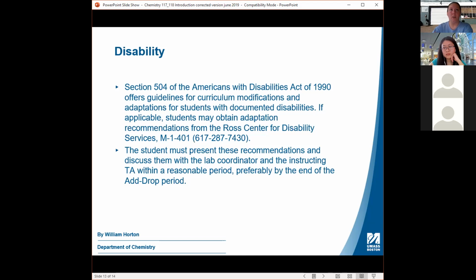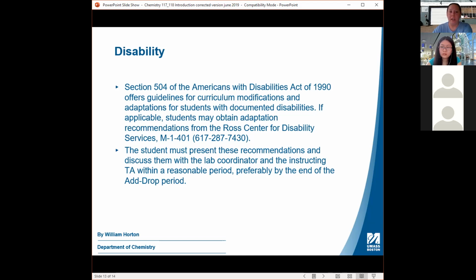For instance, if you are a wheelchair user, in the labs we have lab hoods that are lower to the ground so that people in wheelchairs are able to work in the hood, things like that. Obviously, we're not in the lab, so the last one I mentioned is a non-issue this semester, but in the future, if that's something you might need, the Ross Center can help with that.